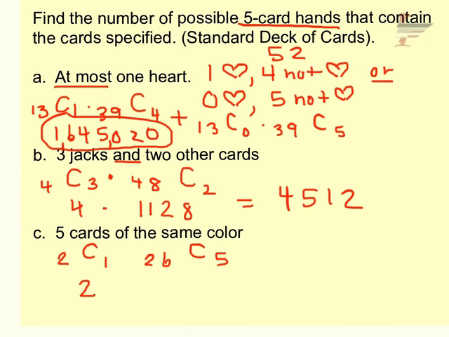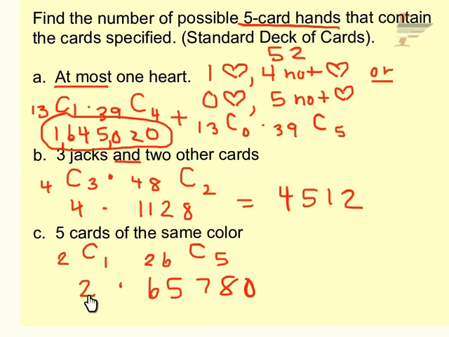So I want you to think about something. If you just do 26 choose 5, that is 65,780. Now that's how many ways you can arrange one color of 5 cards. So like if I had all the red cards and I wanted to pick 5 of them, I'd have this many ways that could happen.